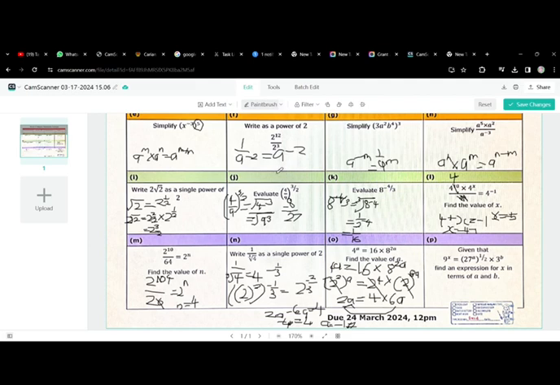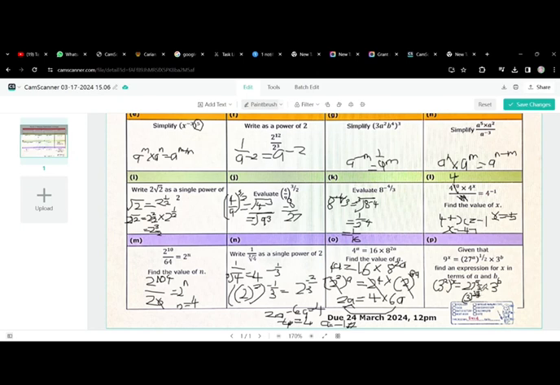So for P, we need to make everything here the same base number again, which is 3. So 3 to the power of 2x equals 27 to the power of 2 times 3b. Now we make this 3 square root 3a to the power of 2.